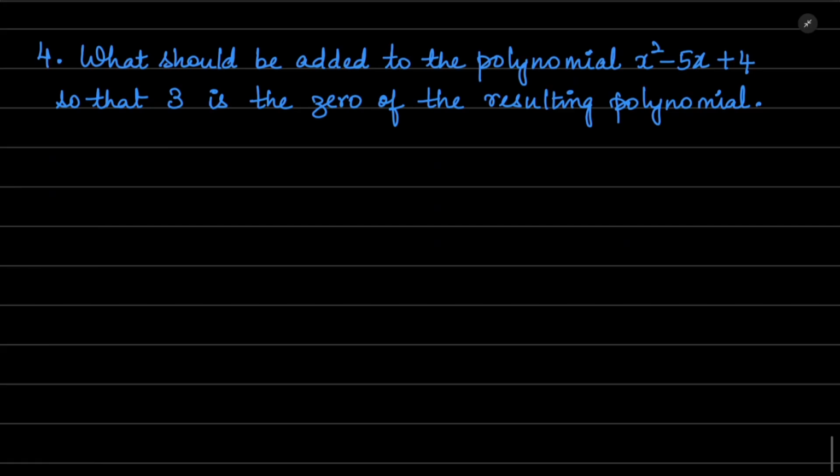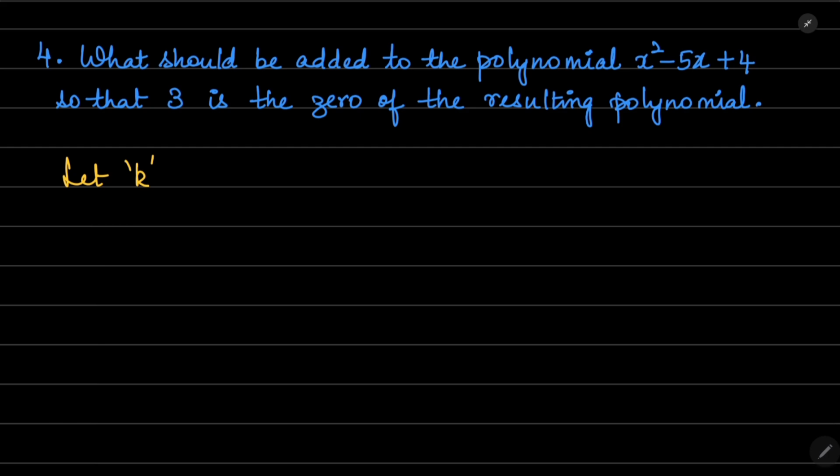Okay, what should be added to the polynomial x square minus 5x plus 4 so that 3 is the zero of the resulting polynomial? Again, a very easy question. Let's write, let k be added.